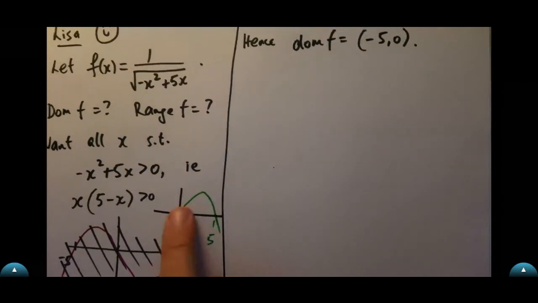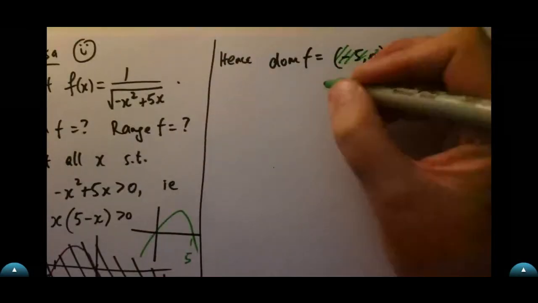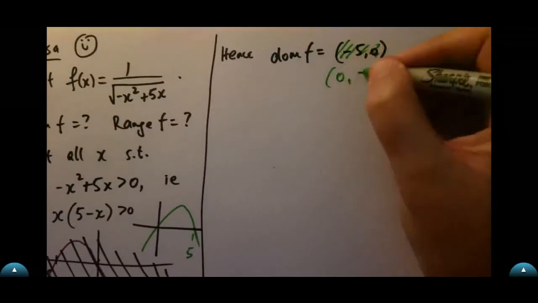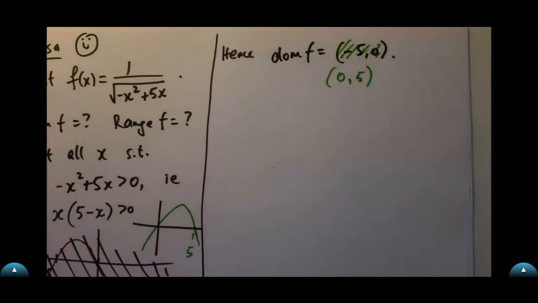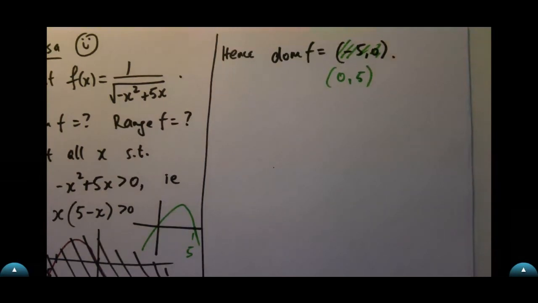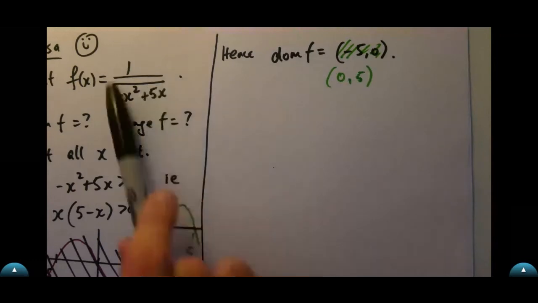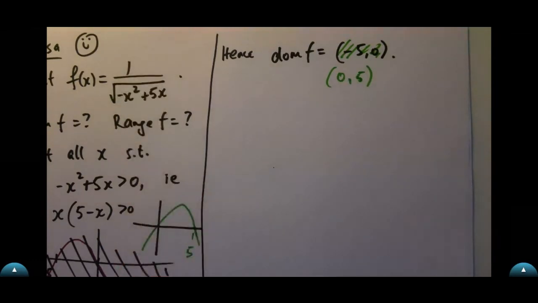That's better. All right, so now it's going to be between there. Let me fix that up. Sorry, folks, I'm getting too hyped up with Freedom Day. Thanks everyone on the chat. Okay, so that's going to be your domain. So for those x values between 0 and 5, it's okay to plug them into here.